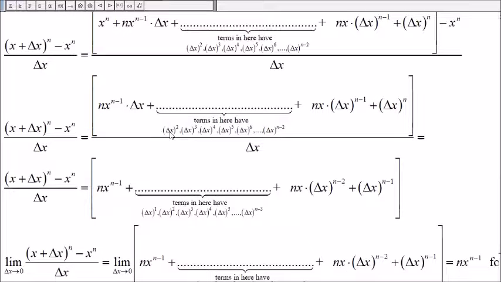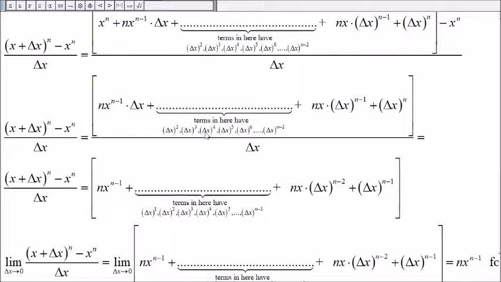The next term, dividing by delta x, will be delta x to the second dividing by delta x, then it's going to be something times delta x to the first. The next term, which has something times delta x to the third, dividing by delta x, then we get something times delta x to the second.